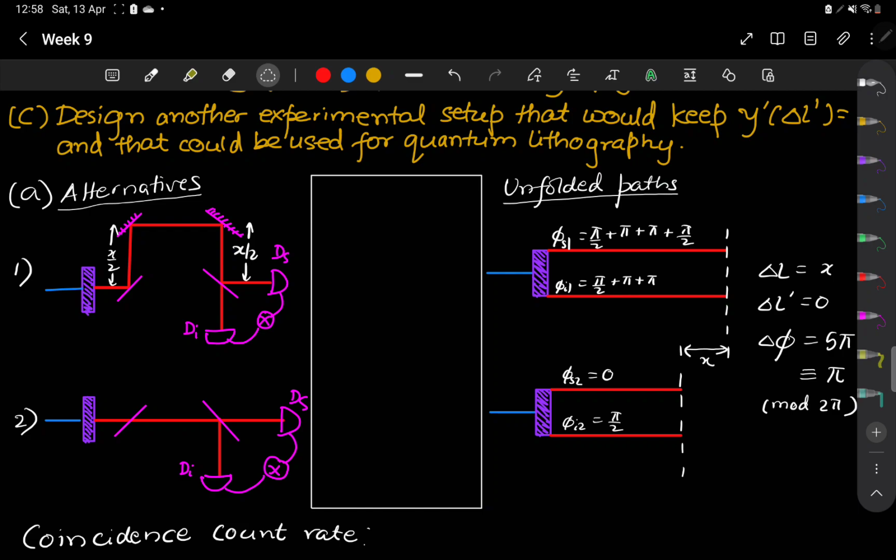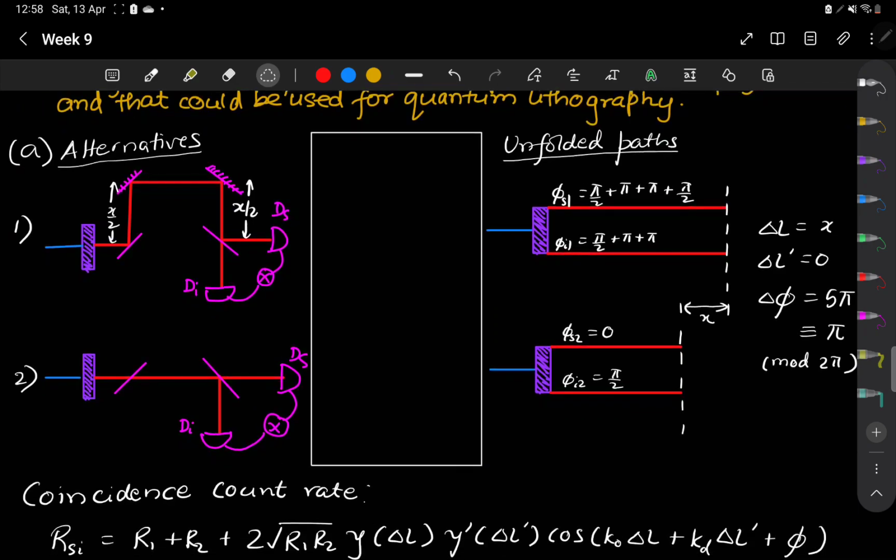Okay, I think I get the question. It's the same question that someone clarified in the chat box what they wanted to ask. So I get the question now. Let me explain. Someone is asking why we did not consider, in this case we considered that both the photons are getting reflected at this beam splitter, and then they split up over here, one reflected, one transmitted.